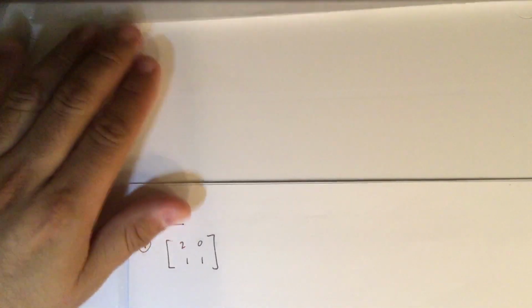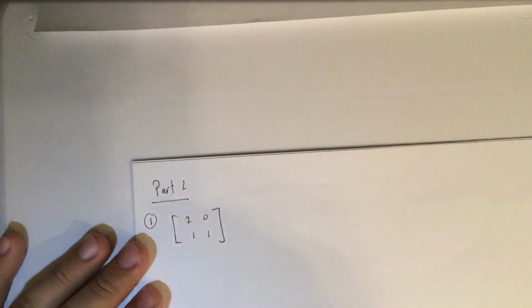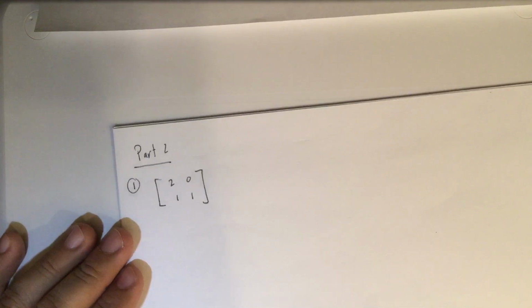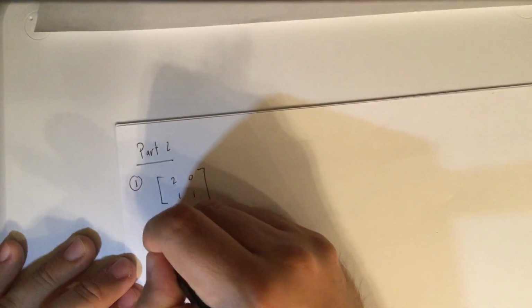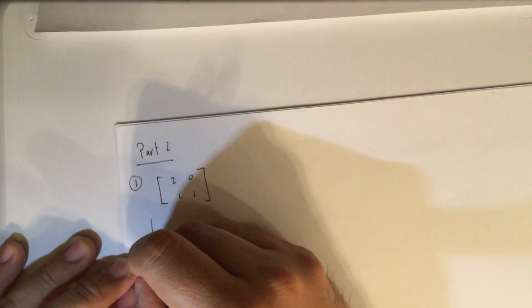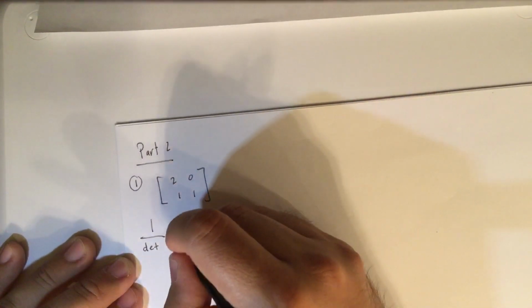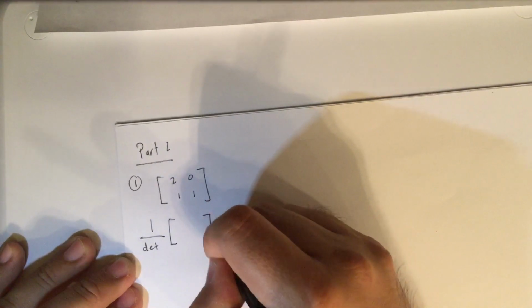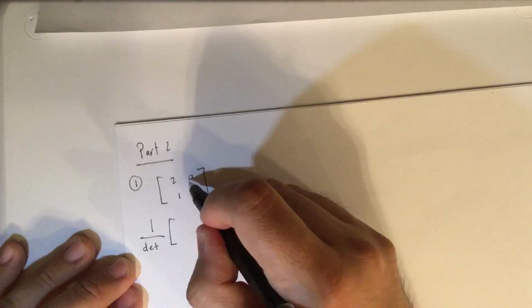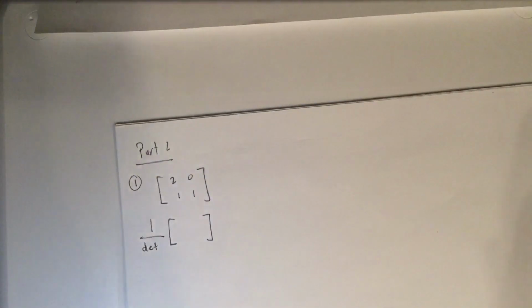Before I go any further into this, I'm going to remind you of how to find the inverse of a 2 by 2 matrix. It's 1 divided by the determinant, pretty much: 2 times 1 minus that. This is A, B, C, D, so I'm just going to label these here so you can see what I'm going to be doing.